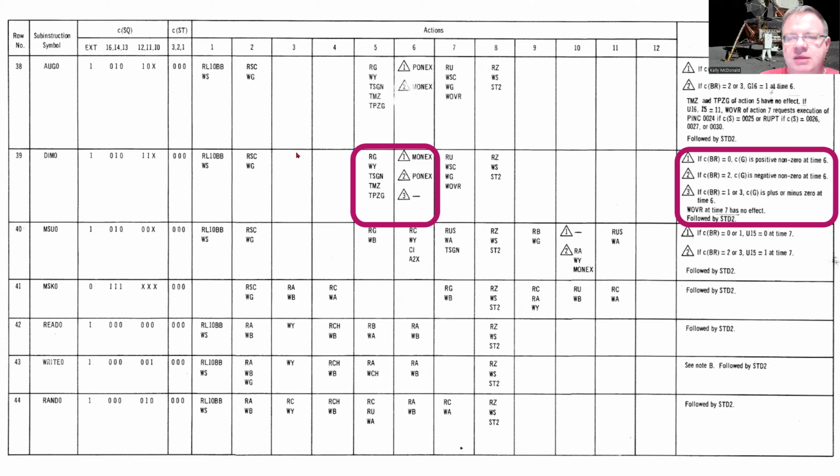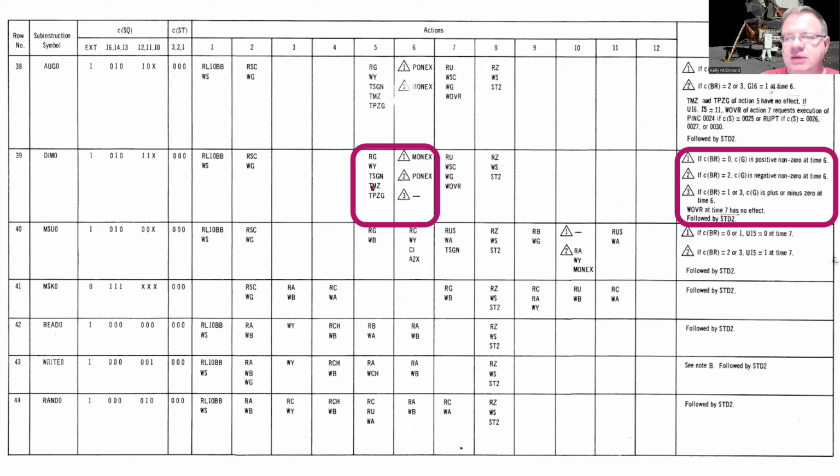The way that the AGC does that is through a combination of test control pulses. So you can see, for example, here we have the TMZ command, or pulse.